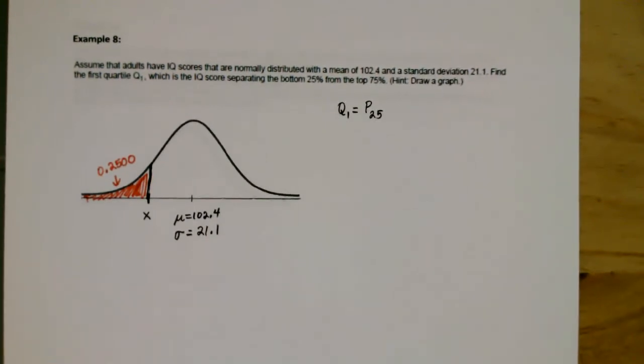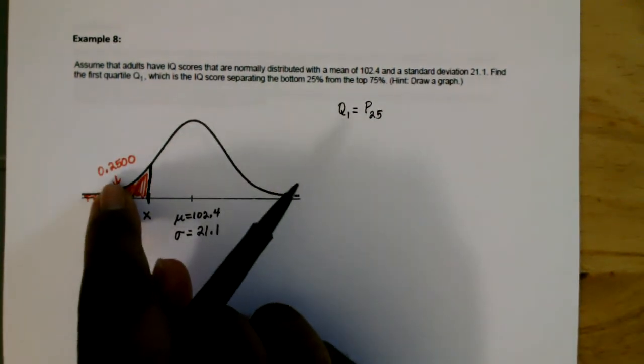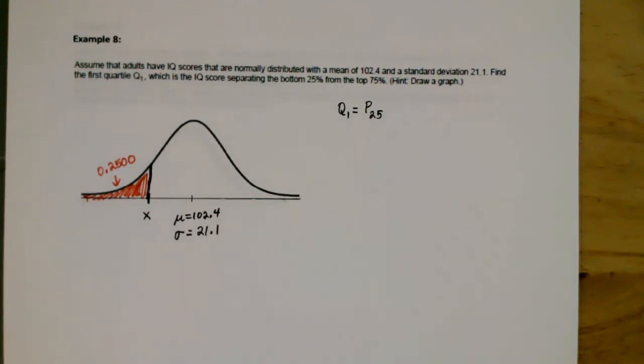So now we need to find 0.2500. That's less than 0.5, so we need to look under the page that says negative z-scores. We need to find a decimal value in the body of the table that's close to 0.2500.